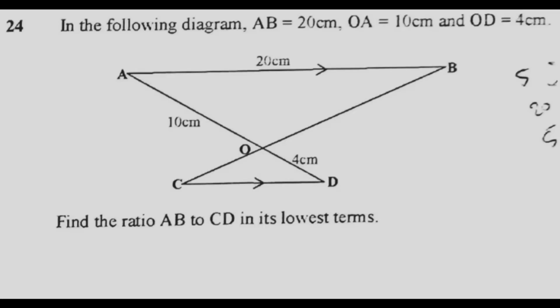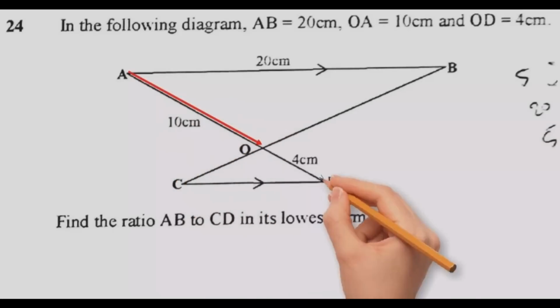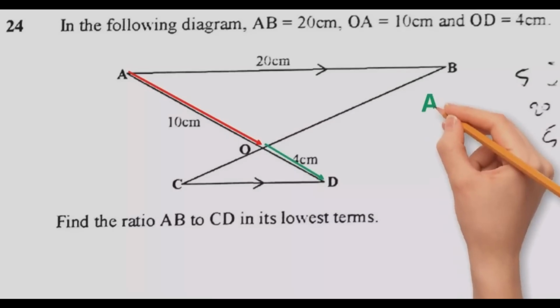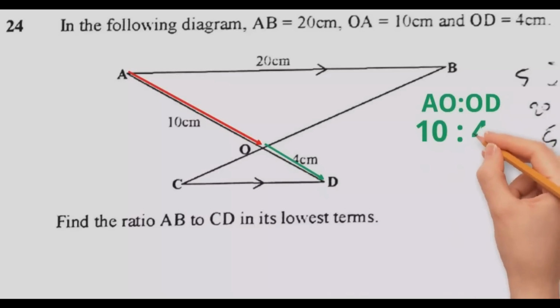For us to find the ratio of these two to its lowest term, what we should understand is that the side AO and the side OD are corresponding. So when you compare AO to OD, we get the ratio 10 to 4. Then when we simplify 10 to 4, we say what number can go into 10 and into 4.